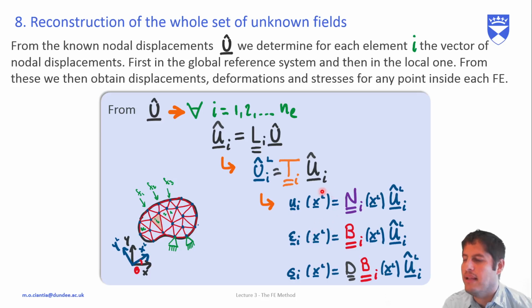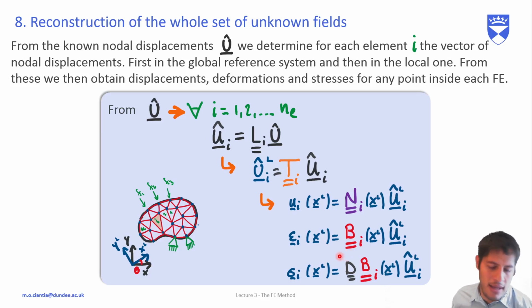From that we can obtain the displacement inside each element using the shape functions, our model for displacements. Once we have the displacement inside each element, we obtain the strains through the B matrix, and once we have the strains, we can get the stress once we know the constitutive relationship of the material.